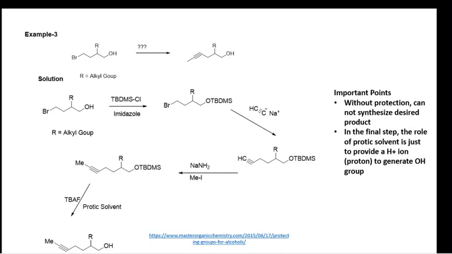Yes, by using fluoride ions. TBAF, tetrabutylammonium fluoride, is a good source of fluoride ions. So our TBDMS group is deprotected and our original hydroxyl functionality is now generated. So this is the formation of our desired product.